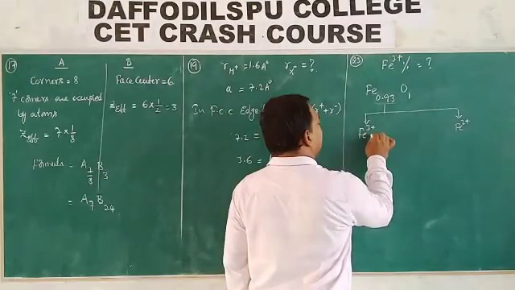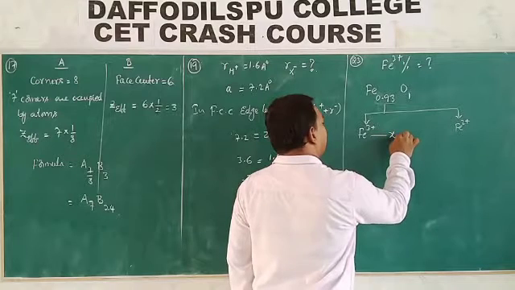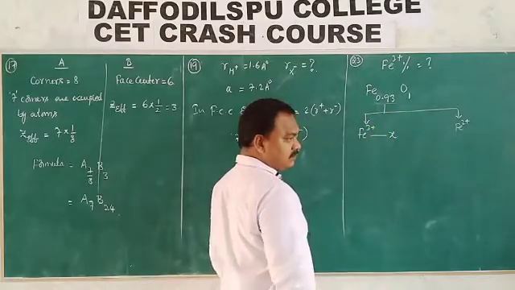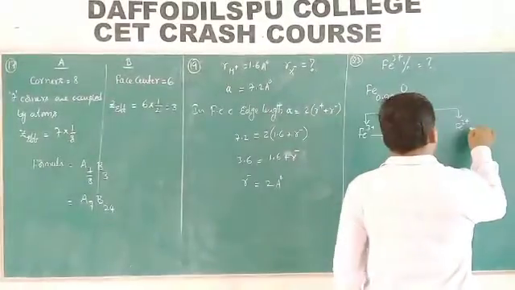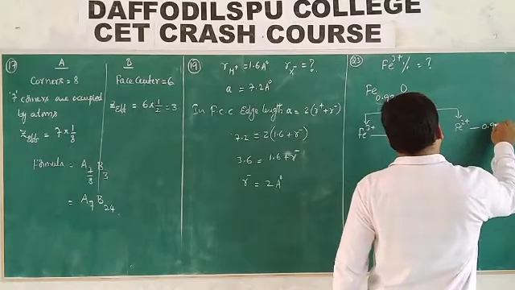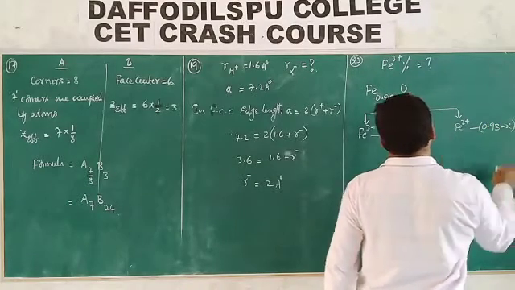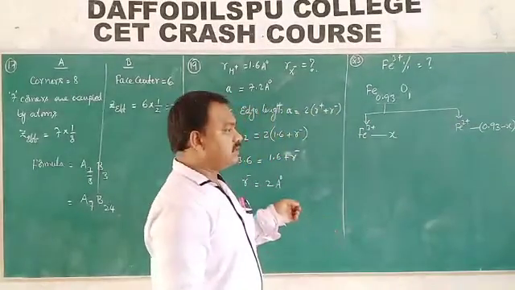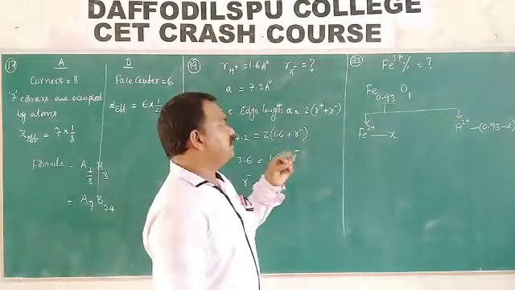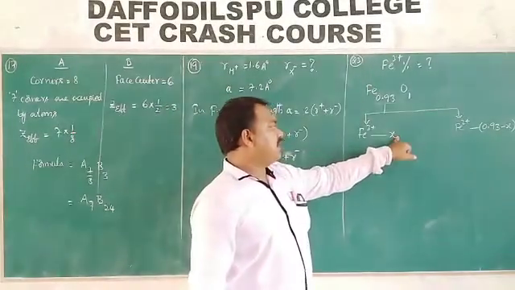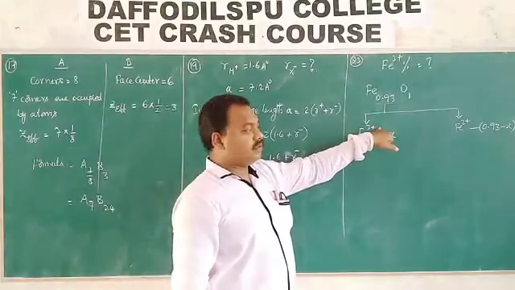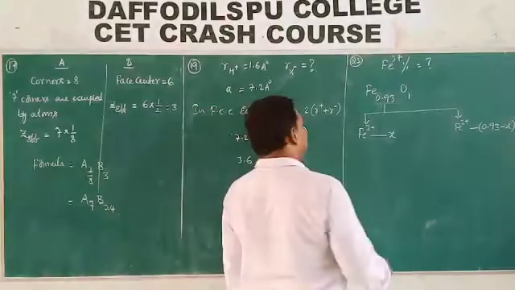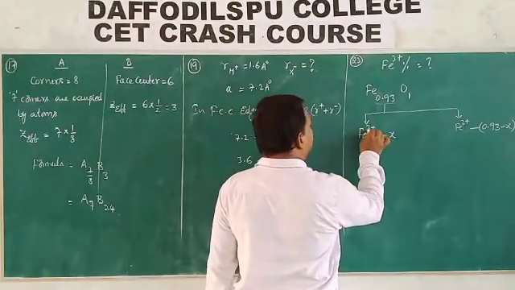I am considering x atoms are present as Fe3+ ions and 0.93 minus x atoms as Fe2+ ions. What is the charge of each ion? 3+.